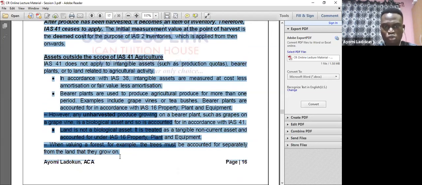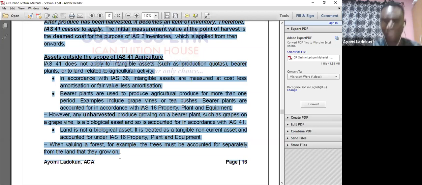So you need to understand this segment properly, because that's what you are going to use to solve questions. This IS 41 can be tested in two ways, because it's corporate reporting. Maybe in financial reporting, it could be three ways. They can ask what a biological asset is, what the recognition criteria and measurement criteria are, and the likes.